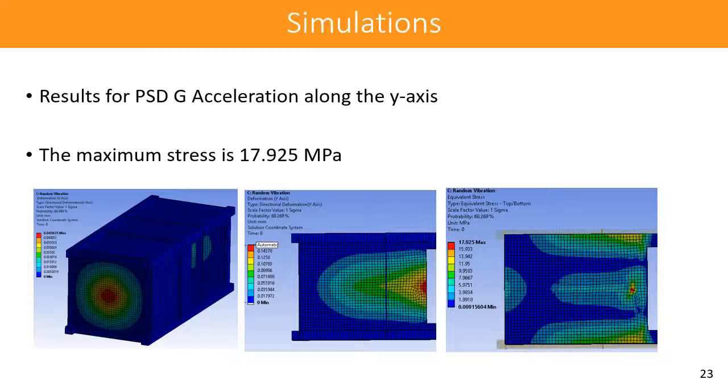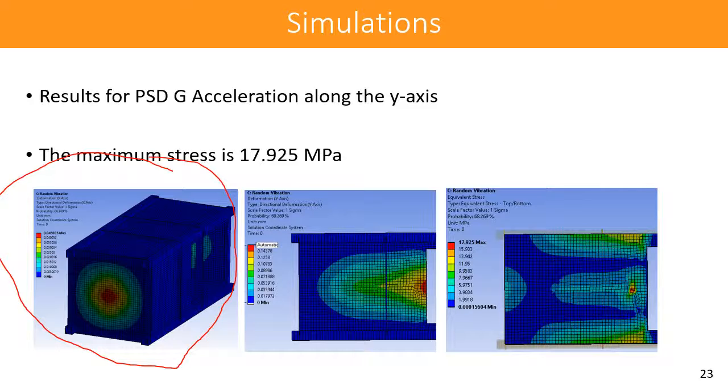So for the random vibration simulation, I applied the regimes in two directions, first on the y-axis and then on the z-axis. In this slide, you can see the result for the y-axis. This first contour is the deformation on the x-axis, and the maximum deformation occurred on this panel, and it came out to 0.045 millimeters.